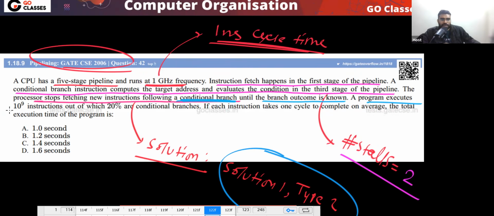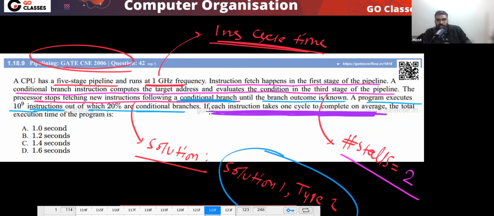A program executes 10 power 9 instructions, out of which 20% are conditional branches. If each instruction takes 1 cycle to complete on average, look at this information, what is the total execution time? The question is saying that there are 10 power 9 instructions.